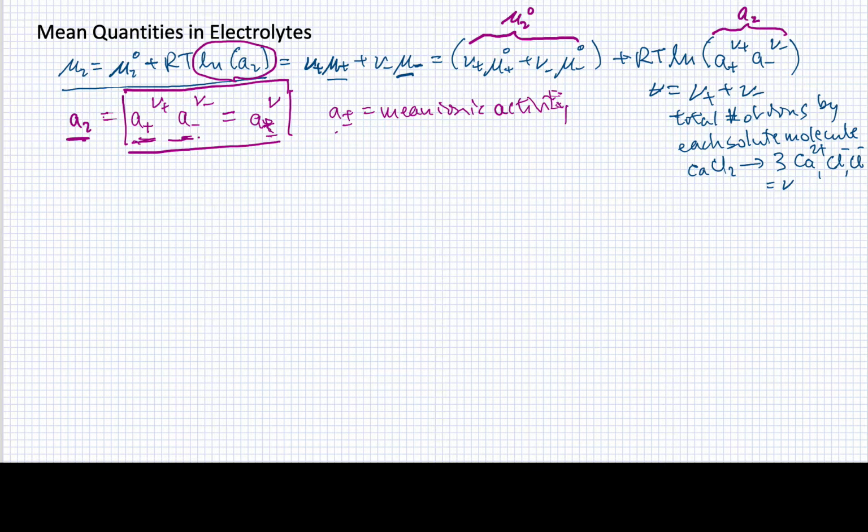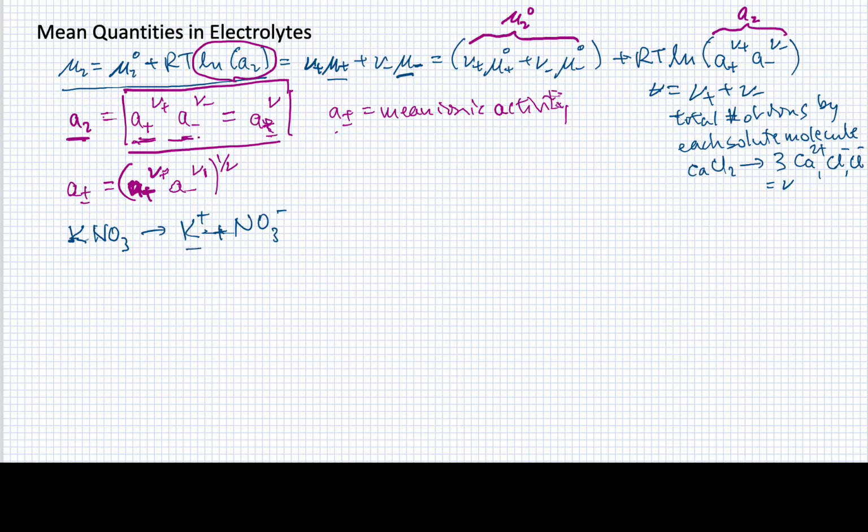Now I'll note that in fact we could write more explicitly that A plus or minus is A plus raised to the V plus, A minus raised to the V minus, and then the whole thing raised to the 1 over V power. So in other words, let's take an example. Let's suppose that I have a solution of potassium nitrate. Alright, so this dissolves and forms potassium ions and nitrate ions.